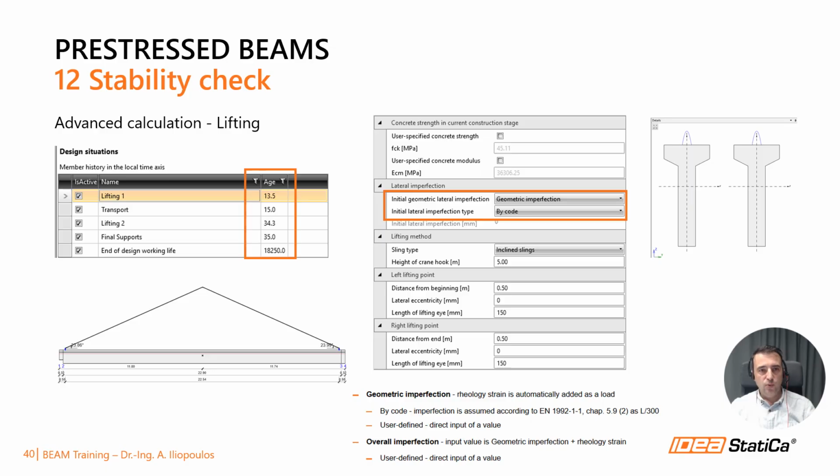There are two design situations dedicated to lifting, which are identical in terms of inputs and calculations. The user has a choice of two lifting methods: inclined slings or vertical slings.